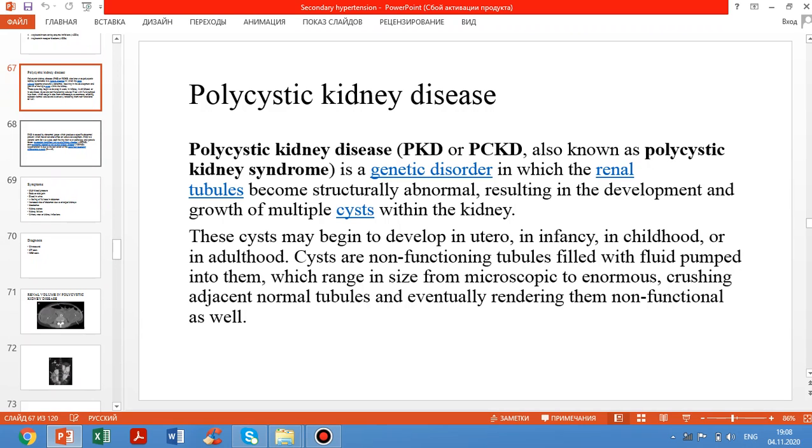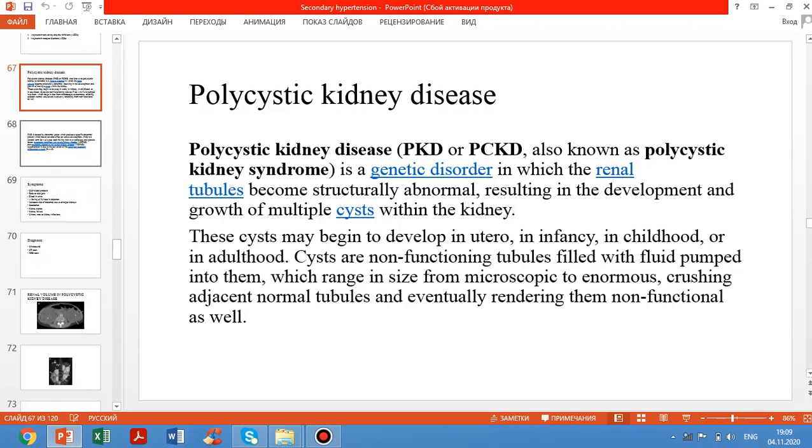Polycystic kidney disease. Polycystic kidney disease is a genetic disorder in which the renal tubes become structurally abnormal, resulting in the development and growth of multiple cysts within the kidney. These cysts may begin to develop in utero, in infancy, in childhood, or in adulthood.